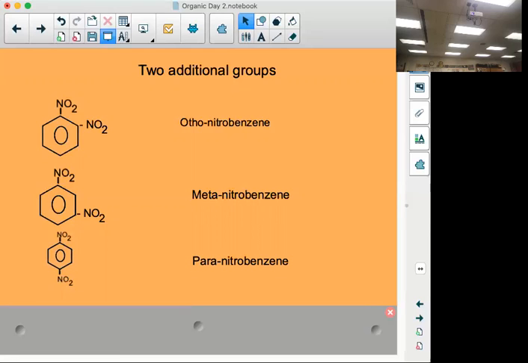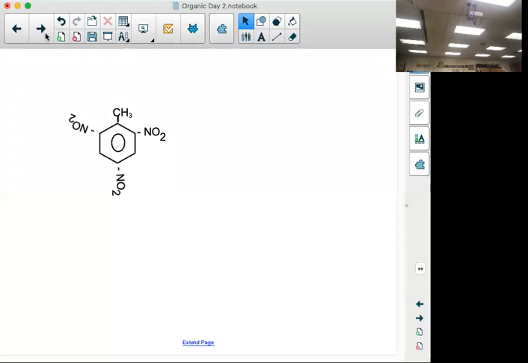Okay. I have one last structure. I just think this structure is really cool. Write it down, and let's see if we can try to name it. Okay, I have 3 NO2s.